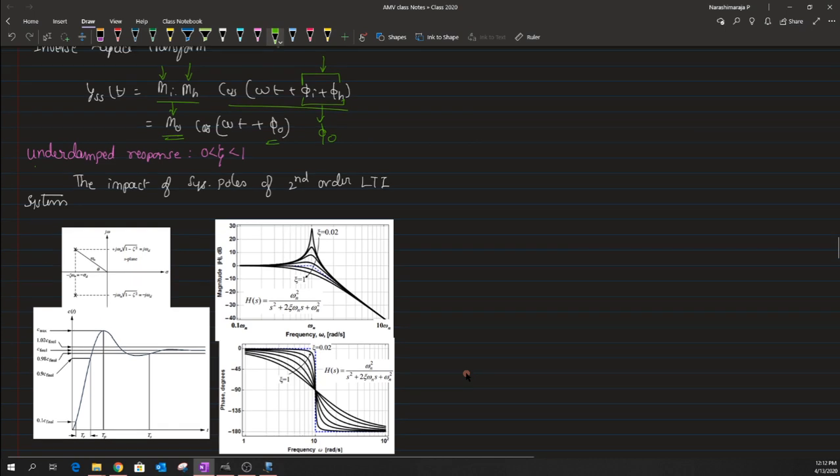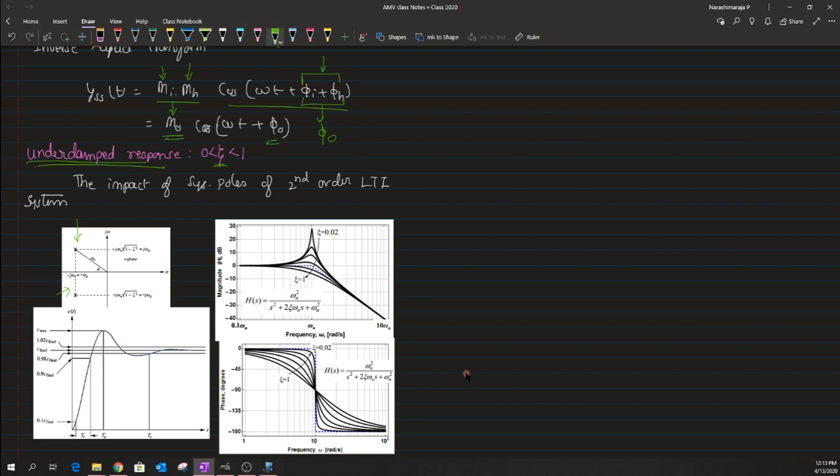So here in this case let me concentrate only on the underdamped response, where certain phenomena happen both in terms of time response as well as frequency response. As we know, whenever we have a damping ratio within the value of 0 to 1, this creates what is known as complex conjugate poles.